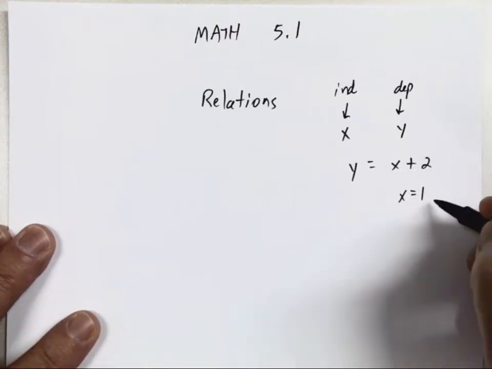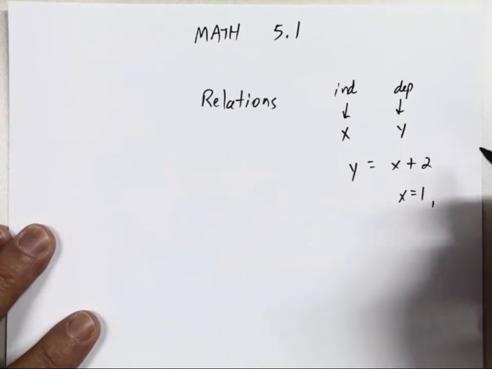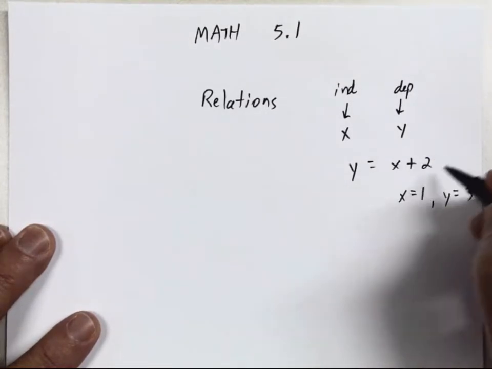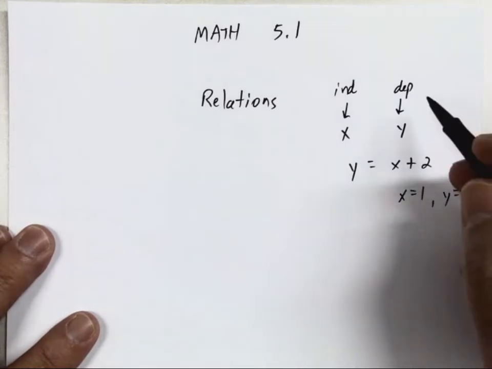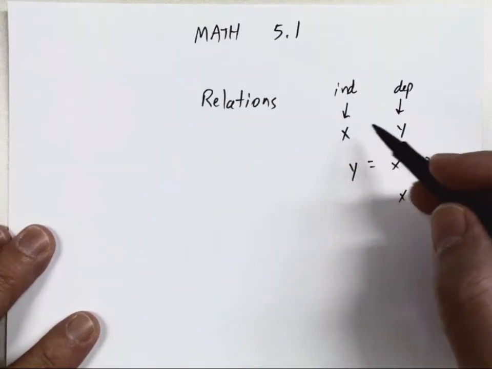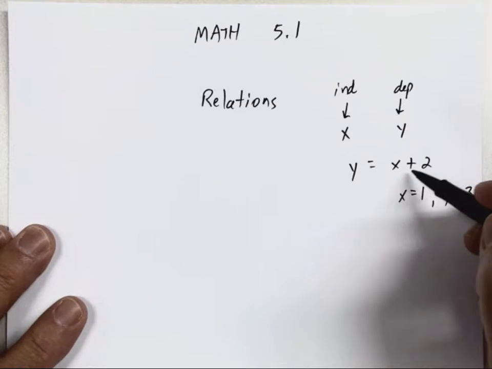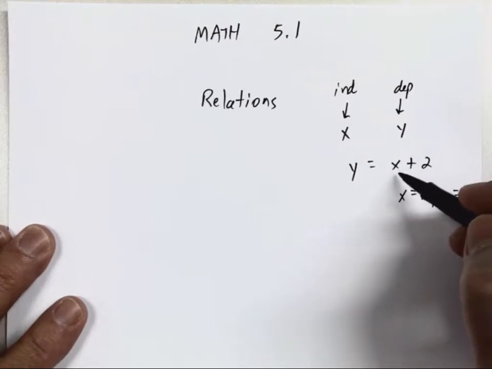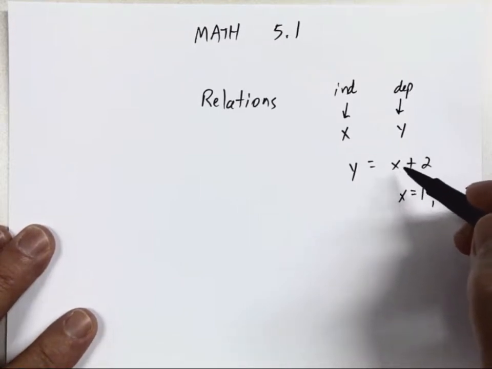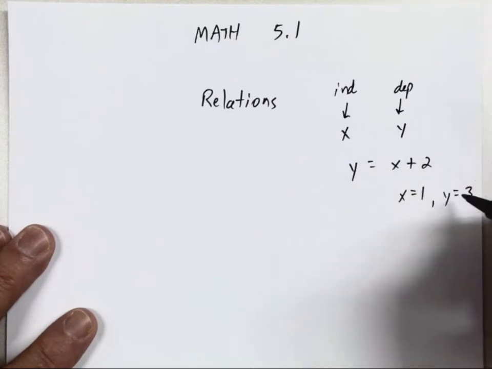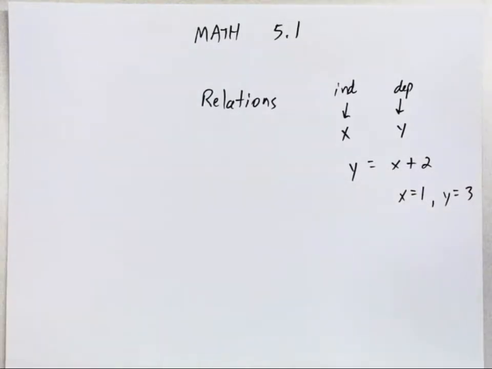If I say, well, let's set x equal to 1, then the value for y is already determined to be 3. So in this way, we like to think about x as an independent variable. I can make x whatever I want, but as soon as I decide or assign a number to x, then the value of y is going to be determined.